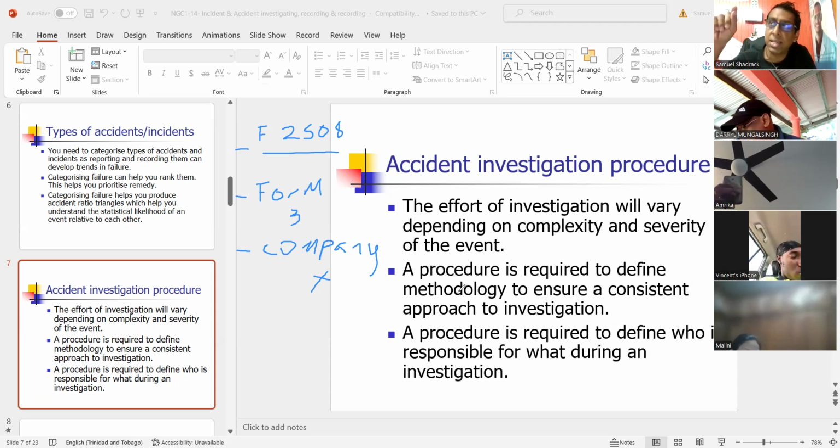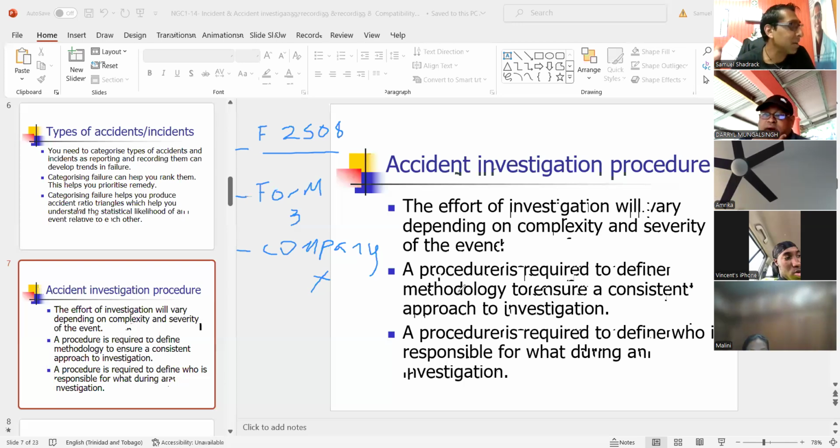So is it first aid? Did it require hospitalization? Those things are like a tick box. That's why I do my hand like this, right? They have a tick box to put them in, right? Somebody said witnesses. That's a very good answer. So witnesses is correct.